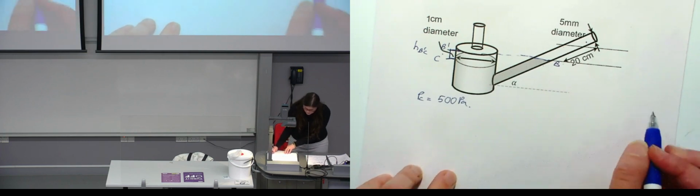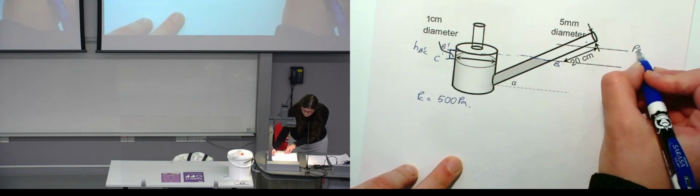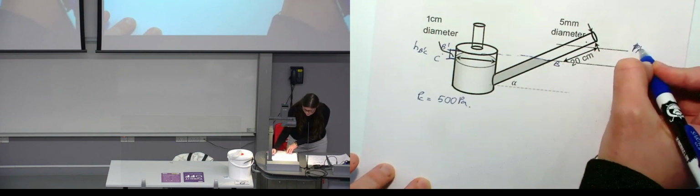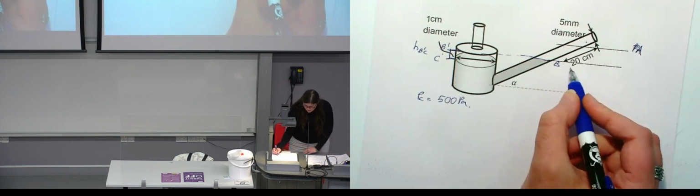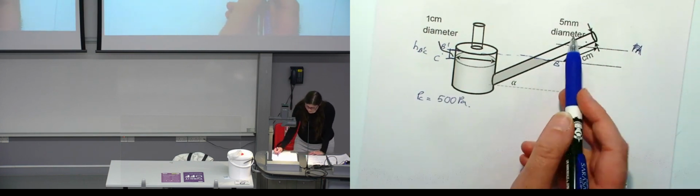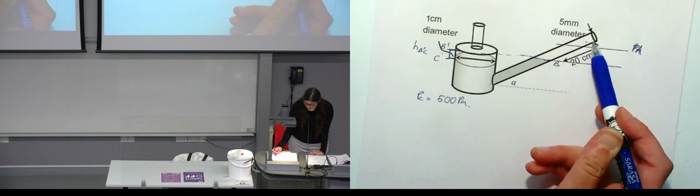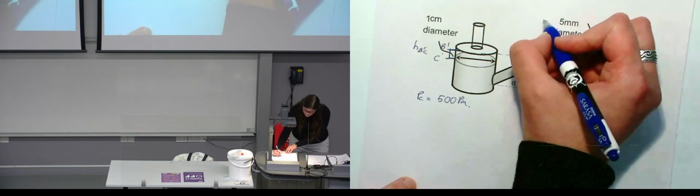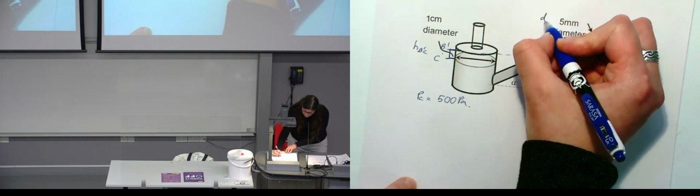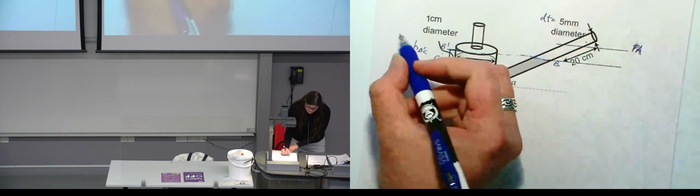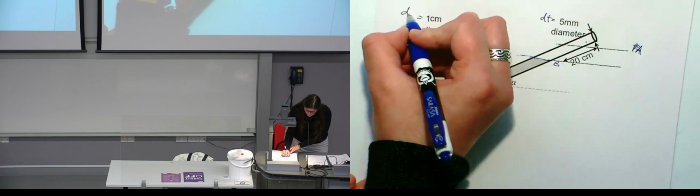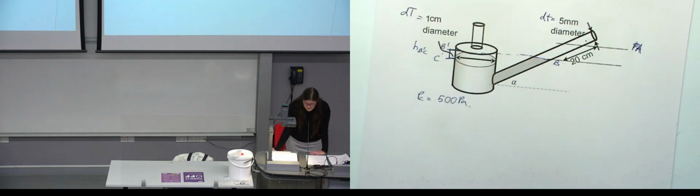So then I will call this point A and this point B, and then this is alpha, and this is the diameter of the tube, which I called dt, and this is the diameter of the tank, which I will call DT in capital letters.